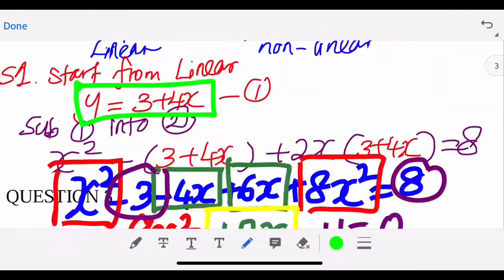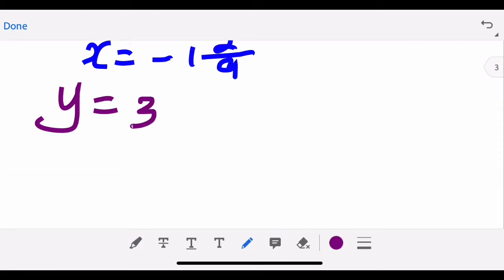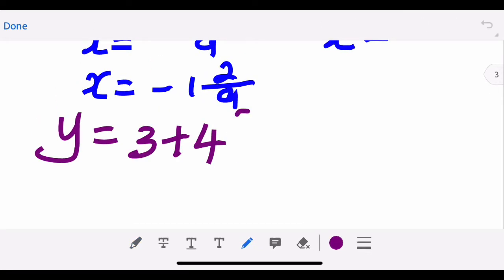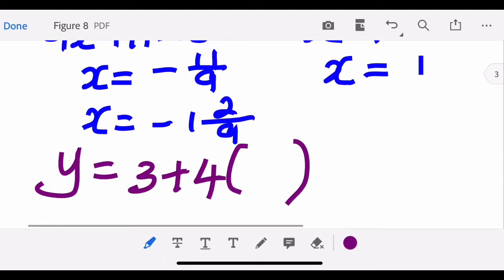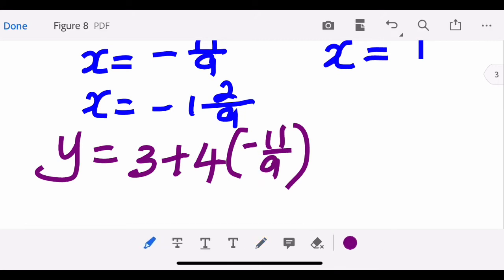So you simplify carefully. I'm sure you'll get 3 plus 4 times negative 1 2 over 9, or negative 11 over 9. It's easier for you to simplify.